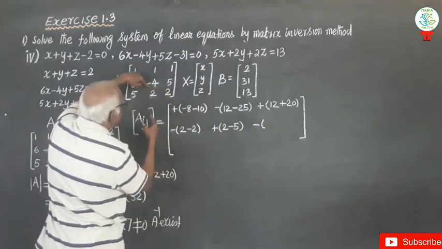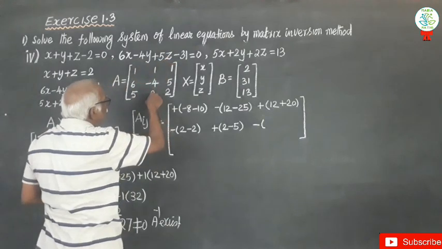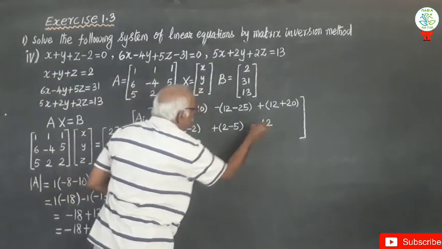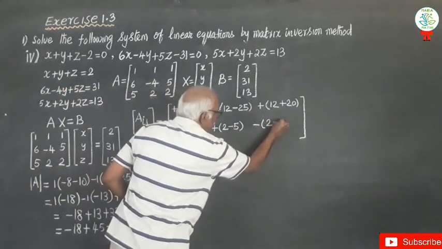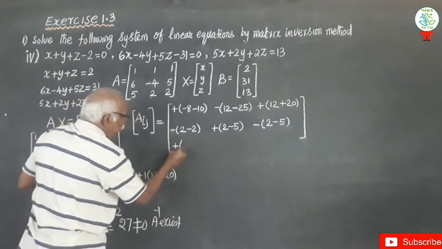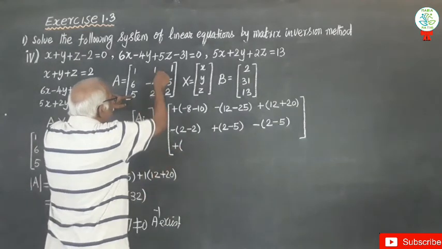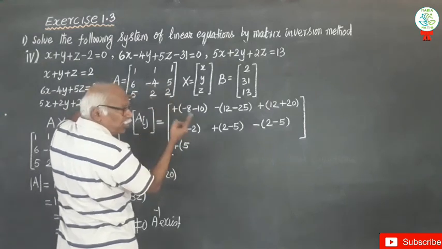Minus for this element: 1 into 2, 2 minus 5 into 1, 5. Then plus for this element: 1 into 5, 5 minus 4 into 1, minus 4.